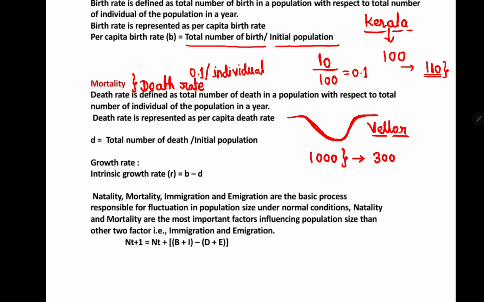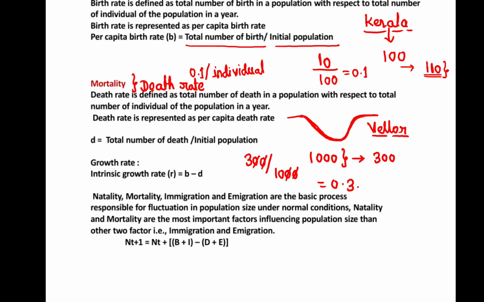So what will be the death rate here, students? 300 divided by the initial population 1000. So the death rate here is 0.3. Fine or not? It means out of 10 individuals, 3 died. Out of 1000 individuals, 300 people died.